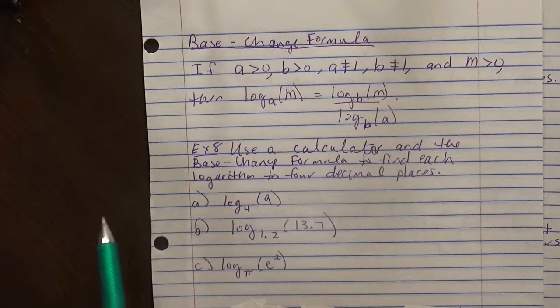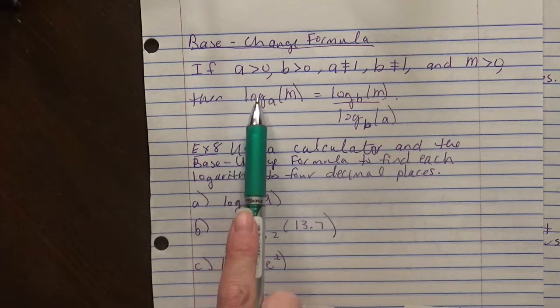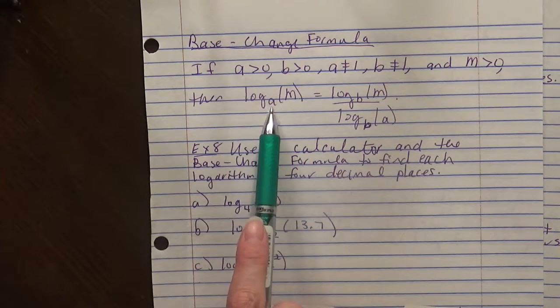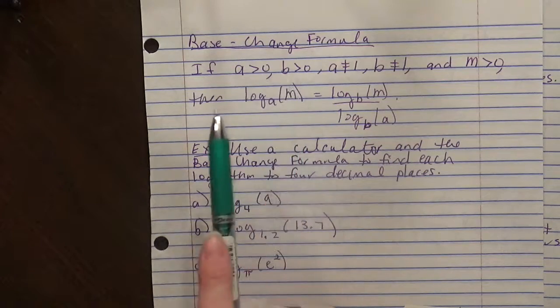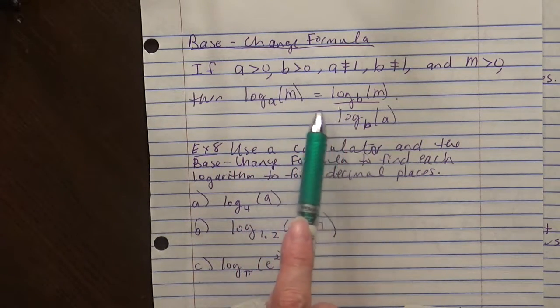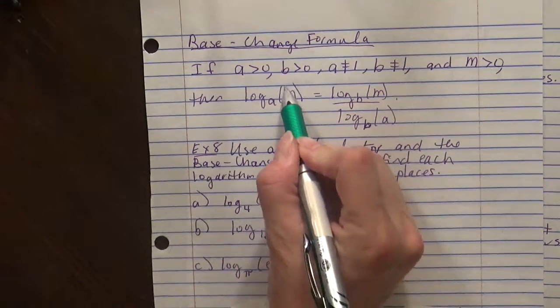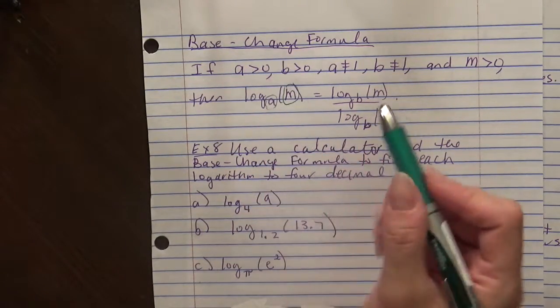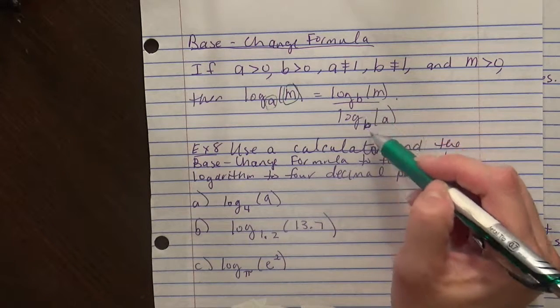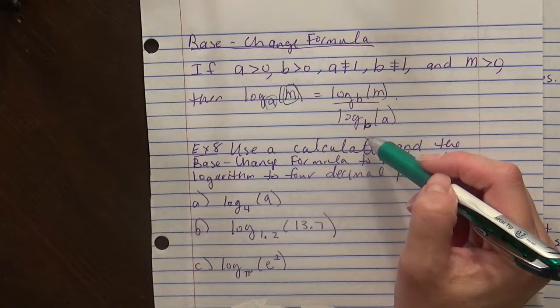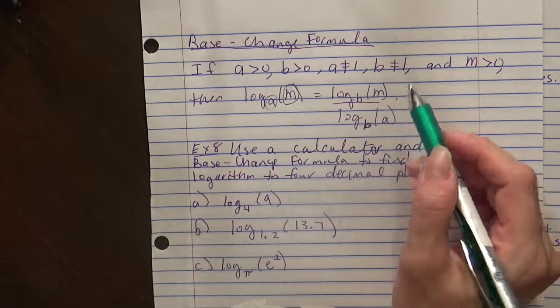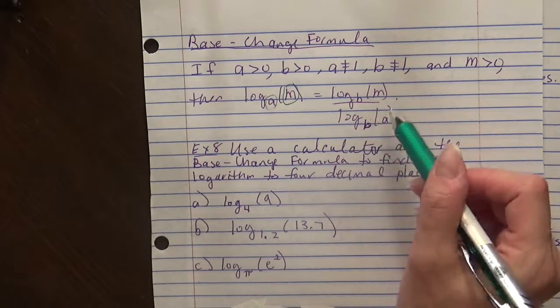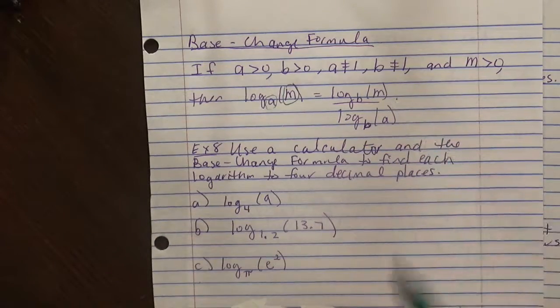Now, you probably don't know what that meant, but all it's saying is that if you've got log base whatever of whatever, you can write that as the log of the inside divided by the log of the original base, as long as these have the same base in the top and the bottom. And we'll generally use the common log with base 10 because that's what the calculator uses. So this makes it really easy for us to calculate logarithms now.